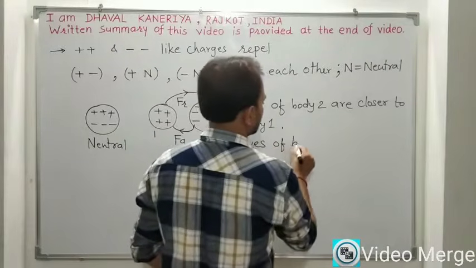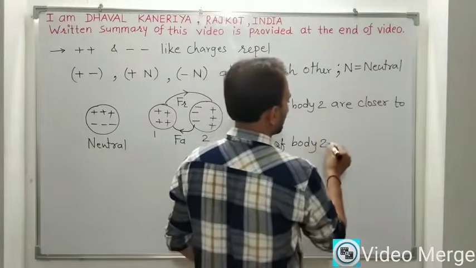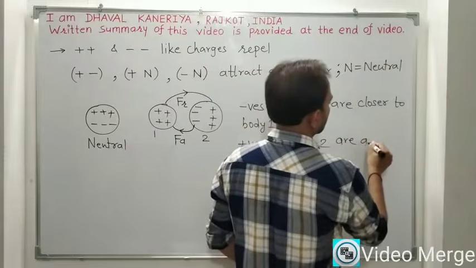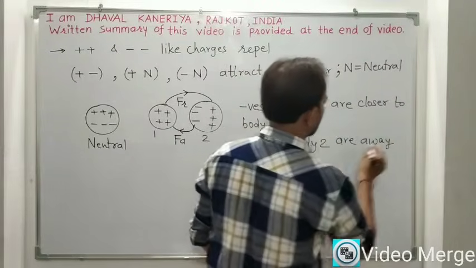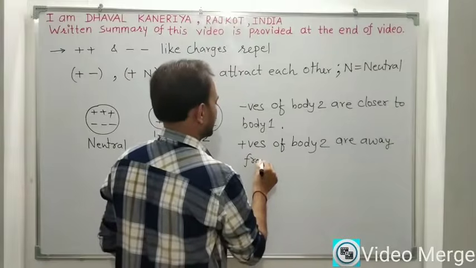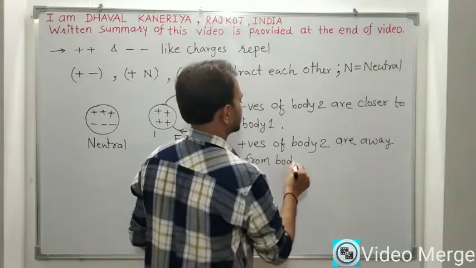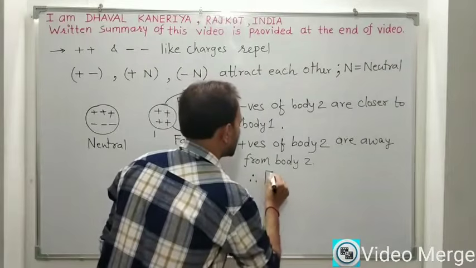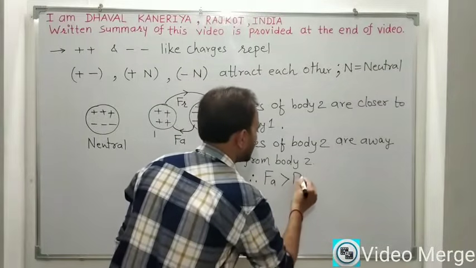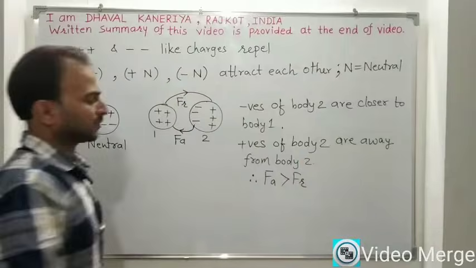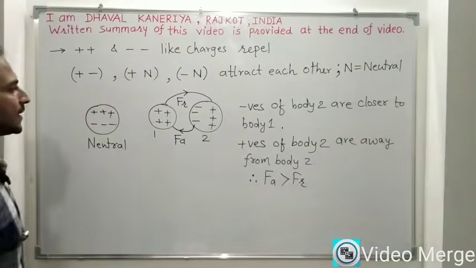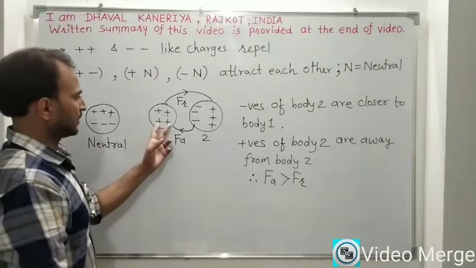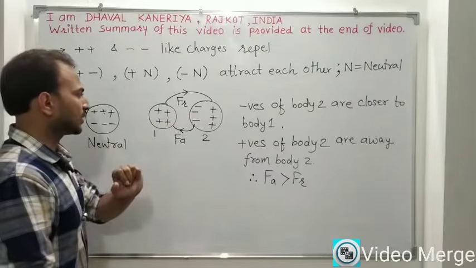Positives of body 2 are away from body 1. So being closer, the attractive force is greater than repulsive force. That is why there will be attraction between a positive body and neutral body.